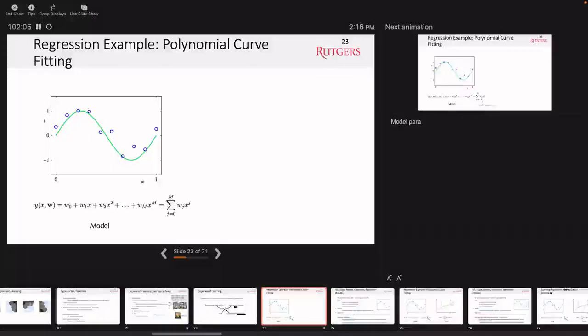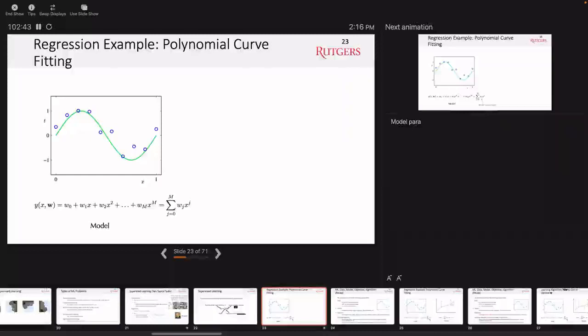And your model, we're talking about polynomial curve fitting, so we're going to choose polynomial function as our model. So this is going to be our model. Our model says that given the input x, we're going to use a polynomial function to guess what y is. So this is a polynomial function of order m. Right? And this polynomial function, if you look at it, for a polynomial function of order m, we have m plus 1 parameters, right?